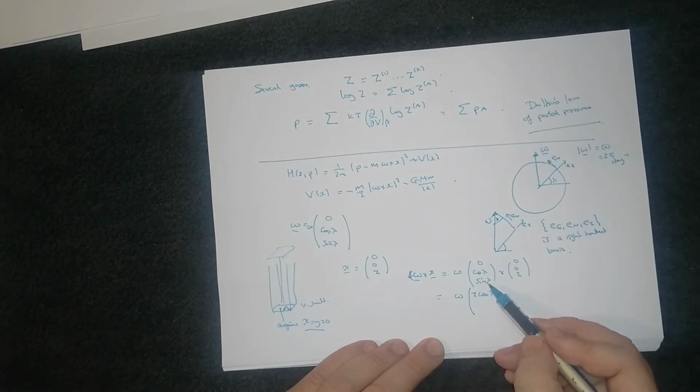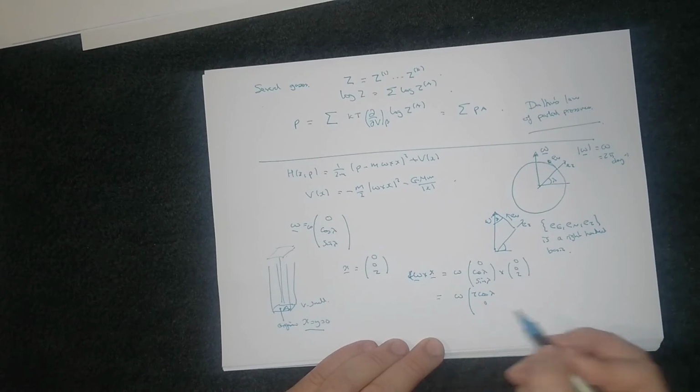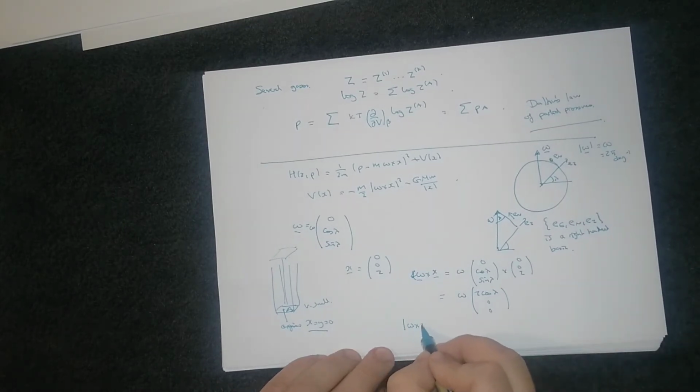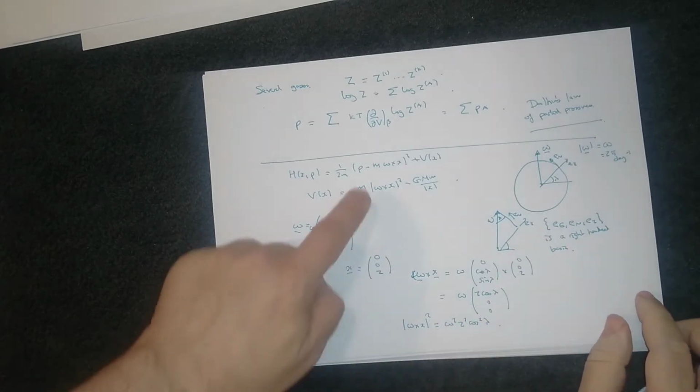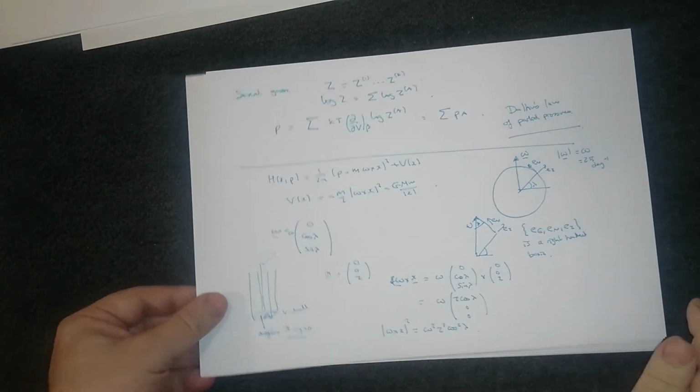This term gives me, next I'm giving that times that minus that times that, that's 0. And finally the last term, where 0 has got to be orthogonal to that, so the modulus of omega cross x squared is omega squared z squared cos squared lambda. So that helps me write this thing down.